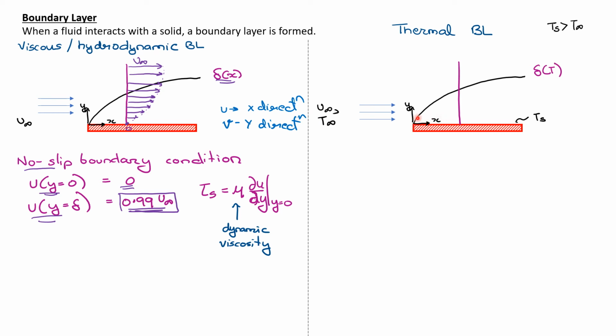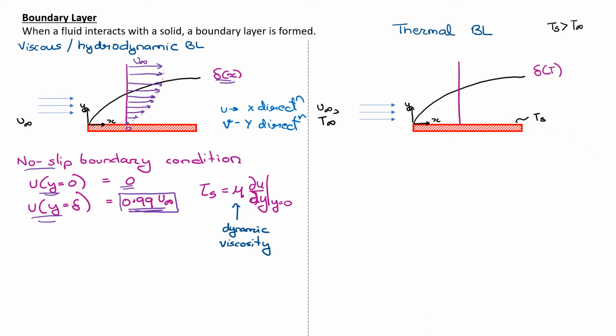There will be a boundary layer formed due to the temperature gradients. This boundary layer, we'll call delta of T, and it's different from delta of x. For each problem, your hydrodynamic boundary layer and your thermal boundary layer will be different. They'll be defined by different characteristics.